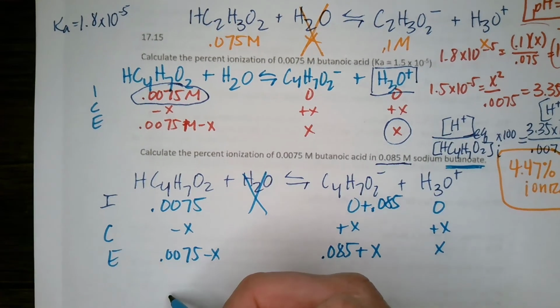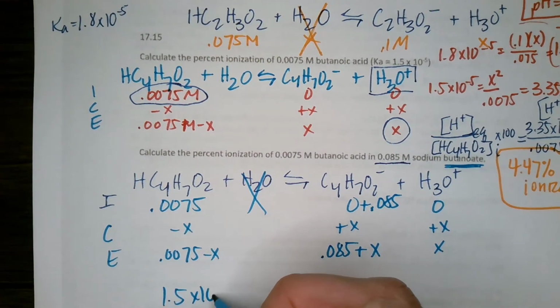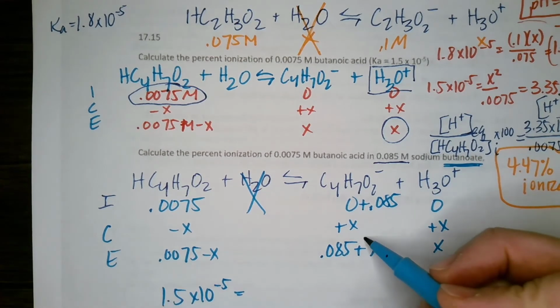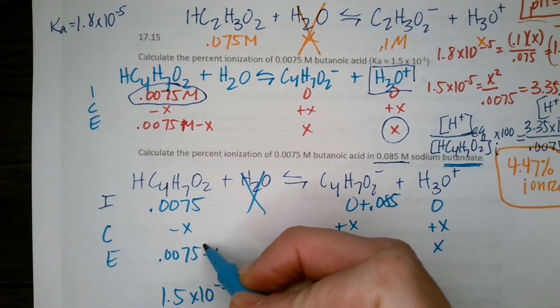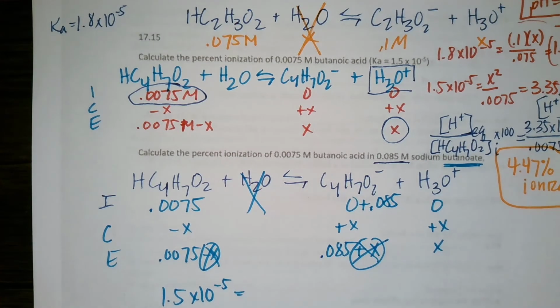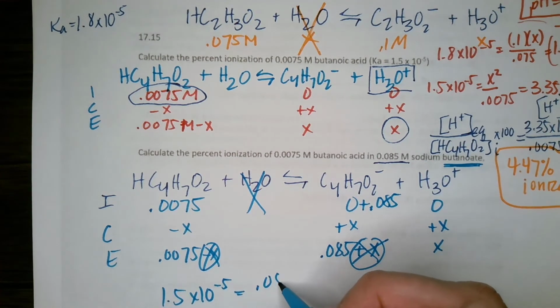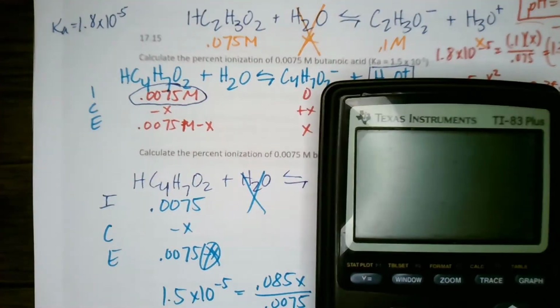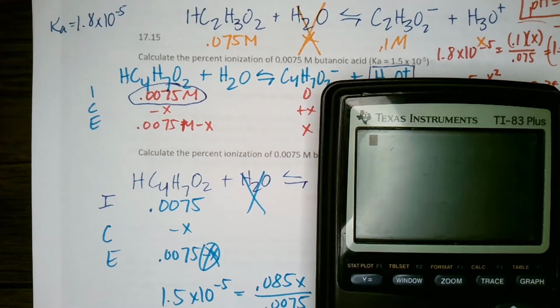Okay, so now I'm going to set up my Ka, 1.5 times 10 to the negative 5, equal to my products over reactants. Again, we're going to assume this plus x and minus x are very negligible. So we've got 0.085 x over 0.0075. So let's see what we get here.